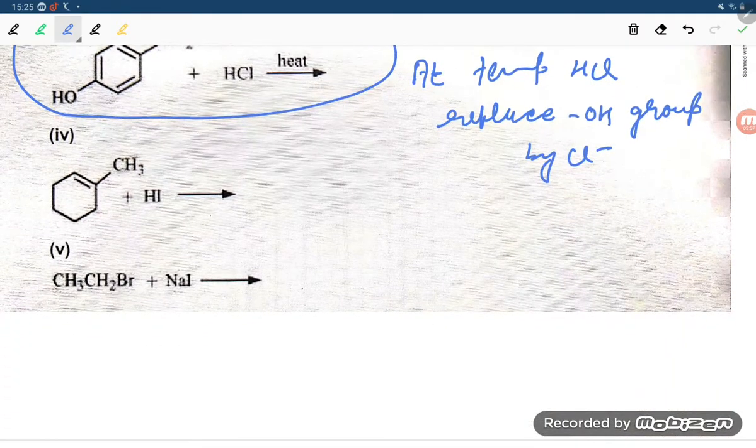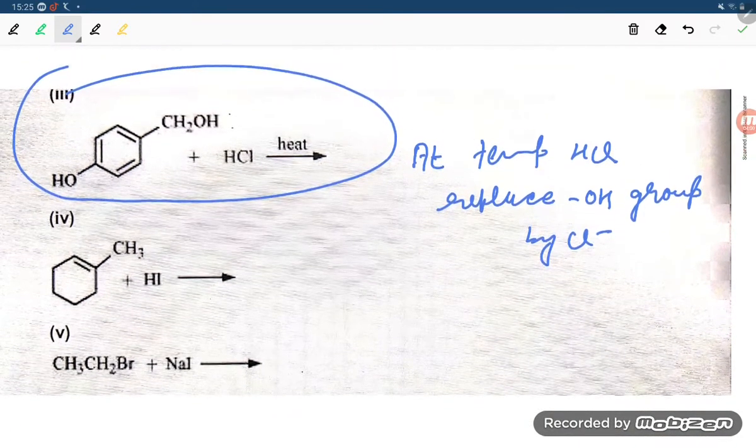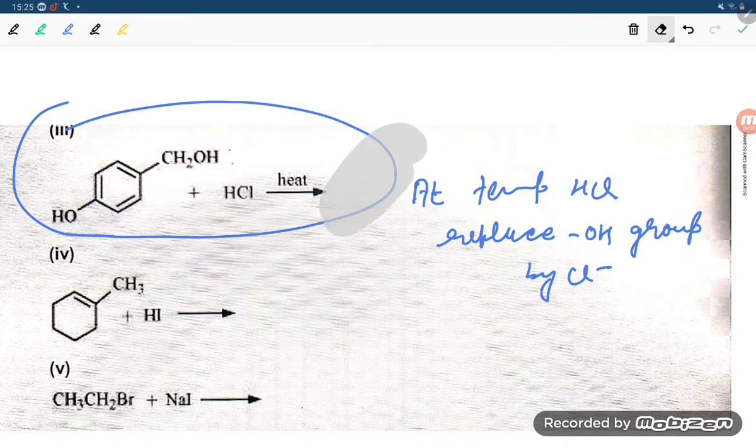So you can write the reaction. Directly I am writing the product. We are not going to replace the OH of the benzene ring, it will not replace the OH of the benzene ring.